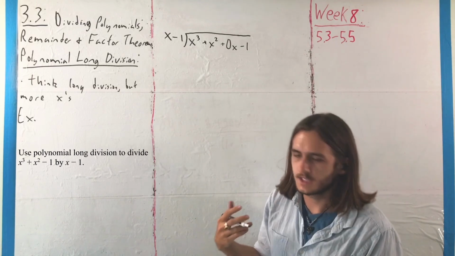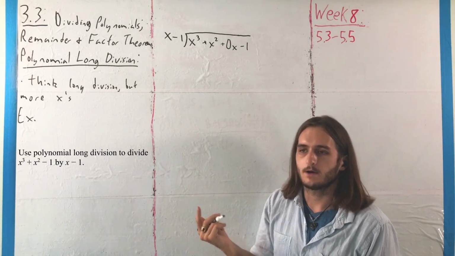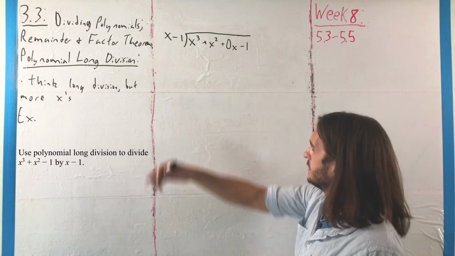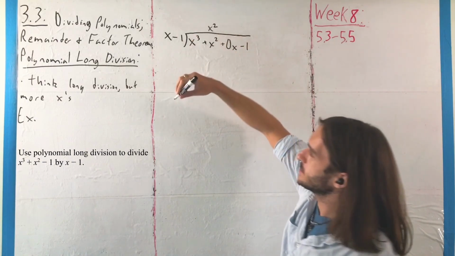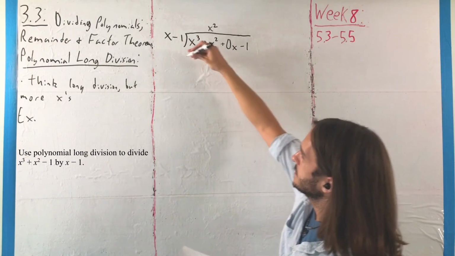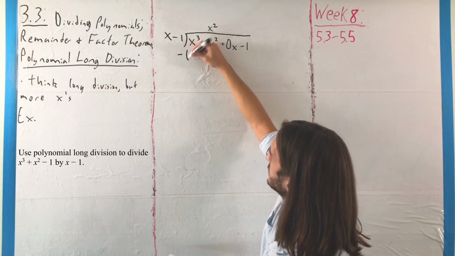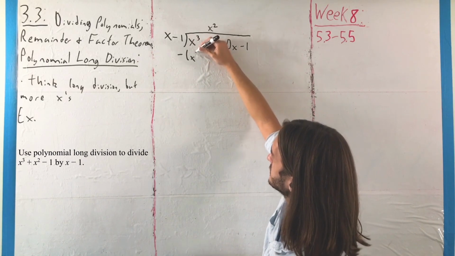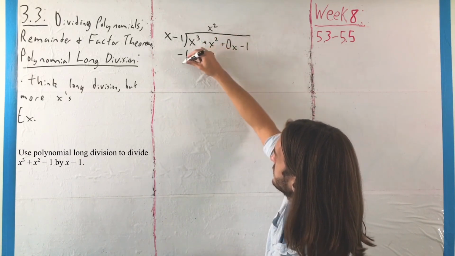You aren't required to, in the same way that you aren't required to match up your things in aligned order when you're talking about numeral long division, but it's a good habit. So I'm going to put that x squared here to say that I have one of them. And then I'm going to multiply this through in here, and we are going to be subtracting x squared times this. So that's x cubed minus x squared.